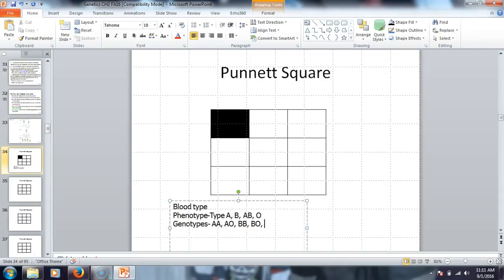But O's and zeros can be confused, and they really just didn't designate, and since they had letters, everyone kind of stuck with O. So that's a little backstory on that. Okay, so if you're AB, that's it, right? That's your genotype as well. You got an A from one parent and a B from another. If you're O, there's also only one possibility. You have to be OO, homozygous.